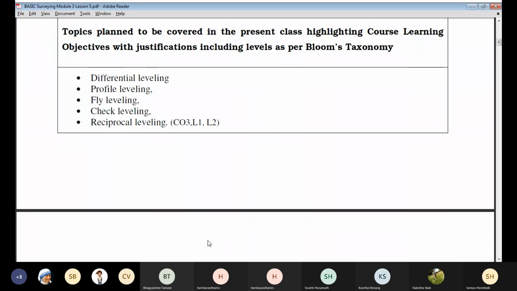In the previous class, I was explaining how the elevation of a point is calculated in the direct method of leveling. I'll just repeat that.